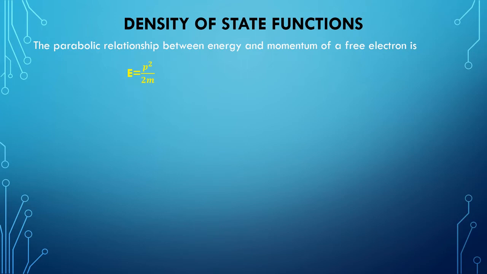P can be written as h cut k, which is the crystal momentum of a single crystal. This crystal momentum is not the actual momentum of the electron in the crystal, but it is a constant of the motion that includes the crystal interaction. So, we can replace p by h cut k, and we get h cut square k square by 2m.